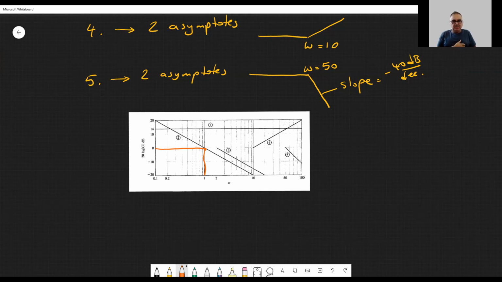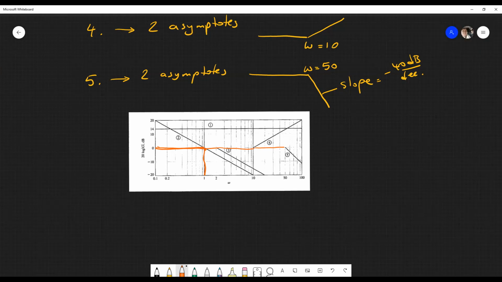The third one has one asymptote here, and the second asymptote again with a slope of minus 1. The fourth one has a slope of plus 1 now, upwards. And the fifth one goes downwards with a slope of minus 2.